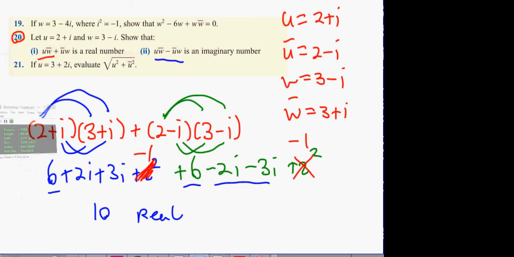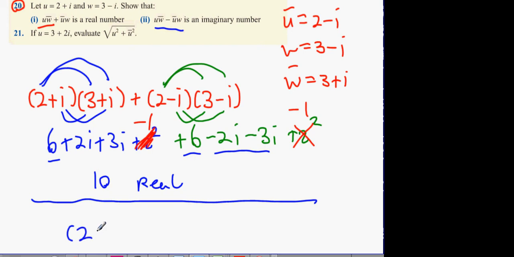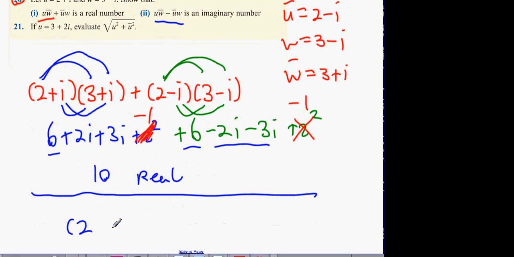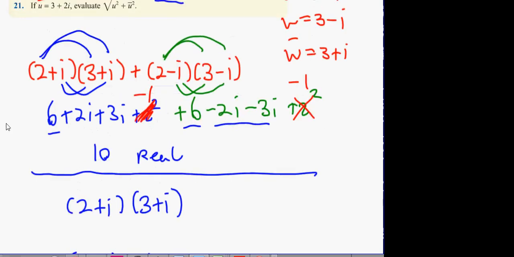Do the second part. Second part here is u times the conjugate of w, which is going to be u times the conjugate of w, 2 plus i, 3 plus i. That's actually the same as last time, isn't it? That's actually the same number as last time. So it's 6 plus 2i plus 3i minus 1, exactly the same as last time.